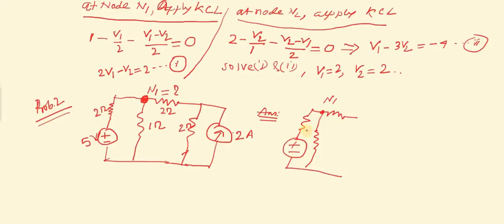Now this is a current source and resistance. After transformation, the value of the voltage source will be the multiplication of this current and resistance.